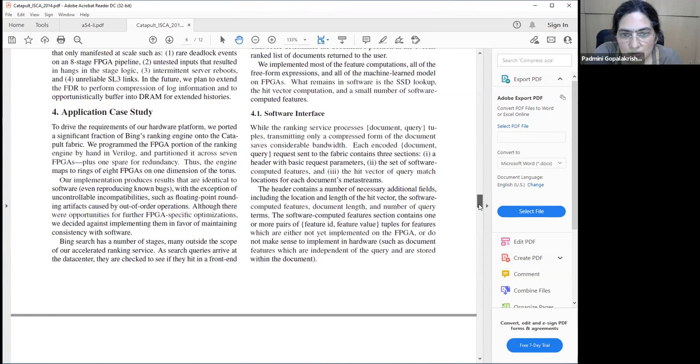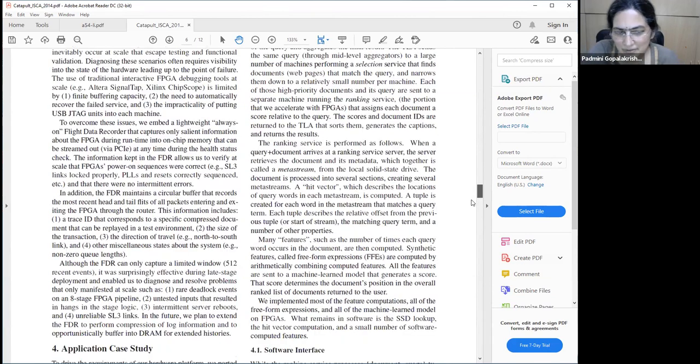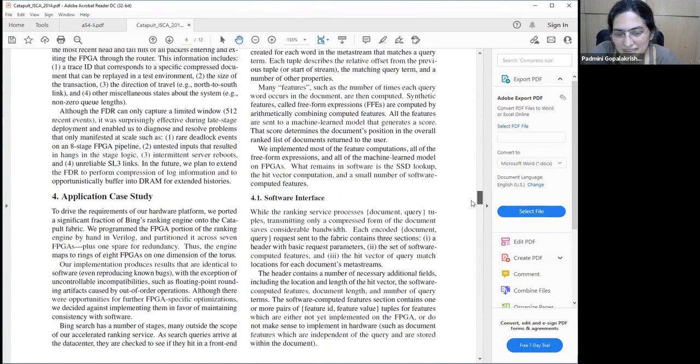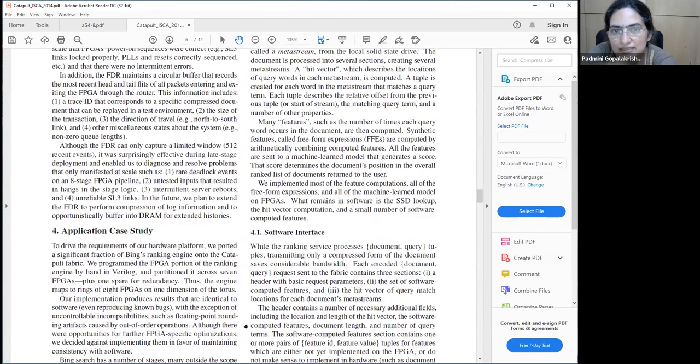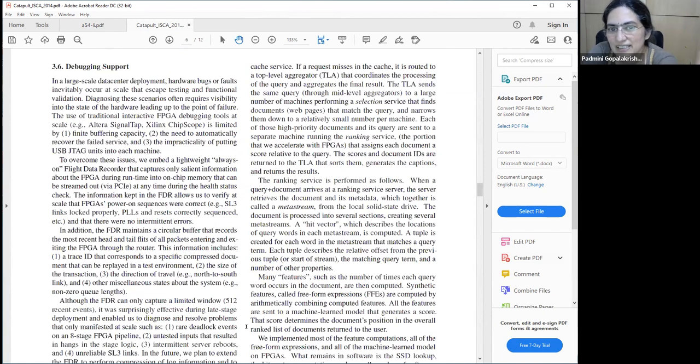Okay, so let us just quickly go through the application. This is being used in web search, right? So Bing gets search queries. As the search query comes, first there is a cache and it checks if you get a hit in the cache.